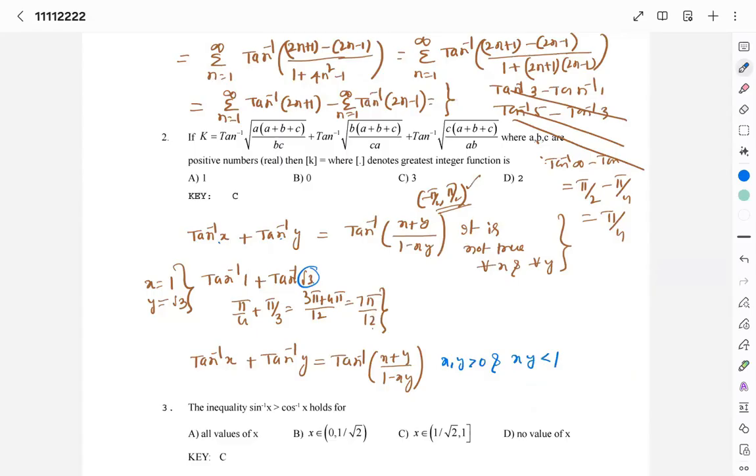So what happens if xy is greater than 1? Then you have to write it as pi minus tan inverse.